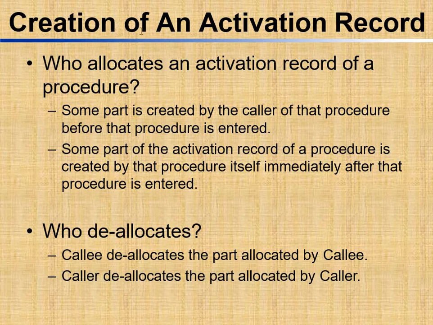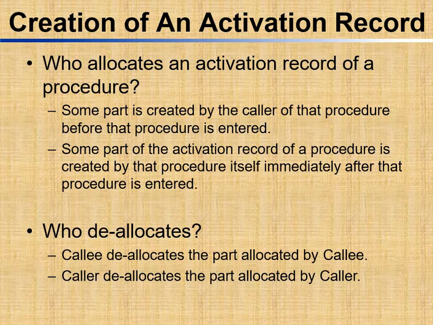Now suppose we are going to create an activation record. Who allocates the activation record of a procedure? That question may arise. Some part is created by the caller of that procedure before the procedure is entered. Some part of the activation record of a procedure is created by that procedure itself immediately after it is entered.